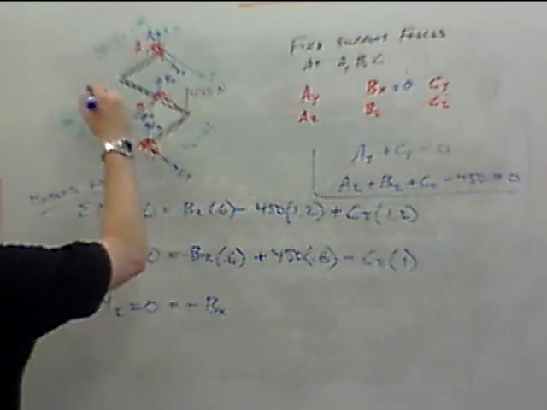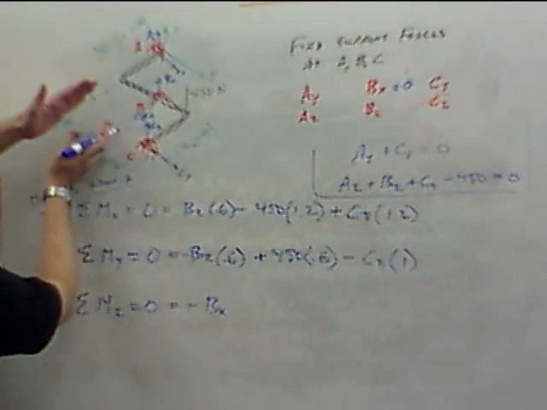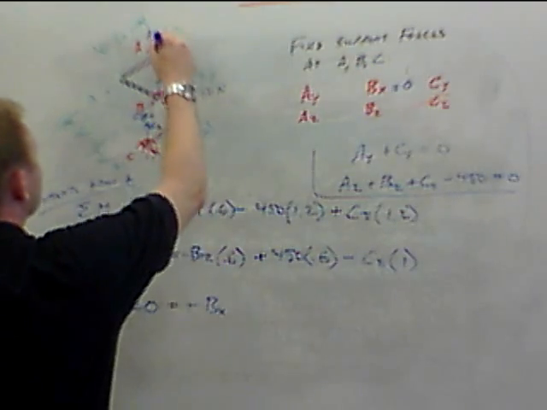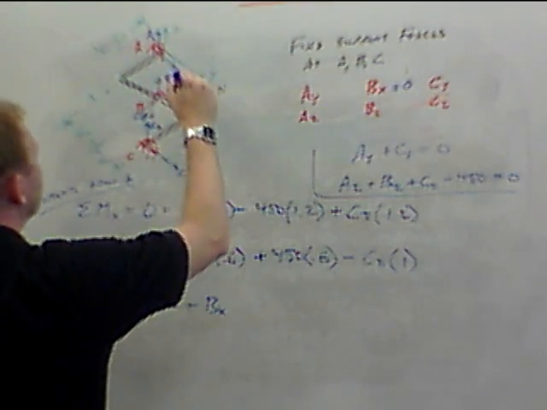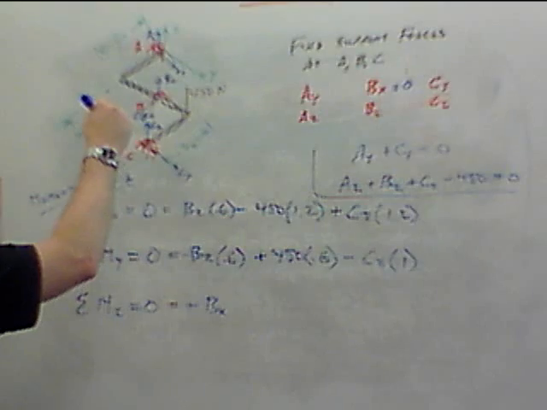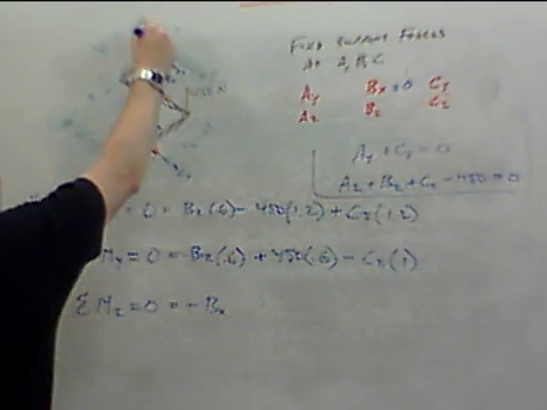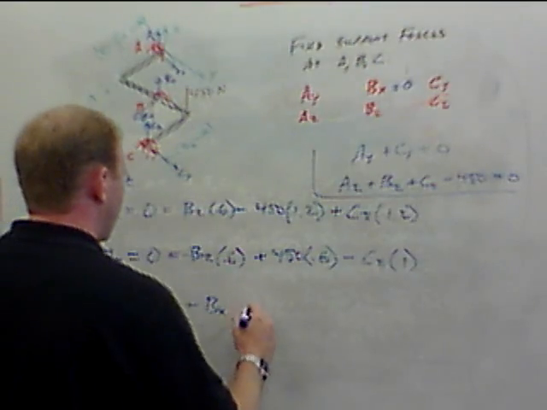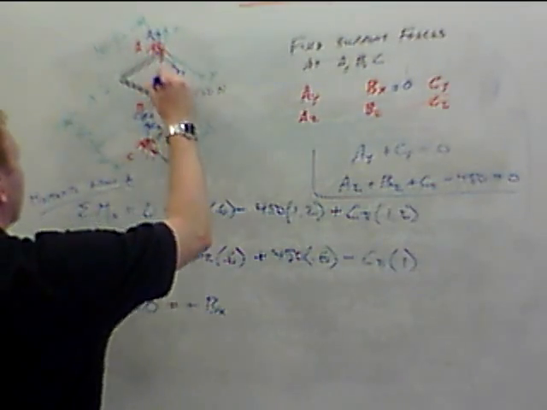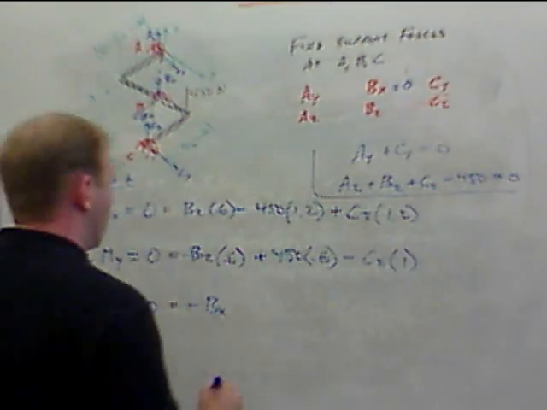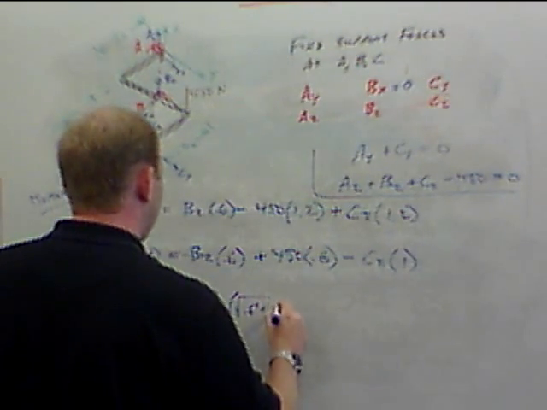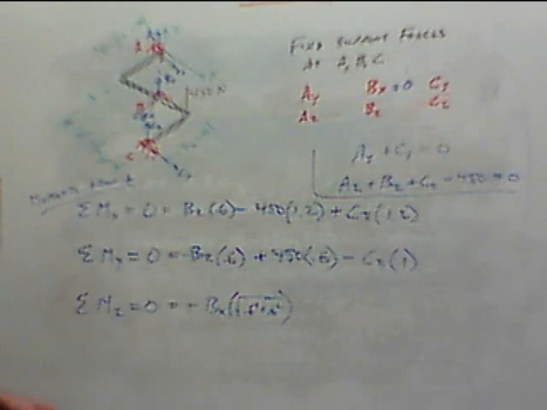Bx times that distance from the z-axis. It's going to be 0.6, 0.6. That's a little annoying. So we're going to have that distance there, which is the square root of 0.6 squared plus 0.6 squared. Okay.